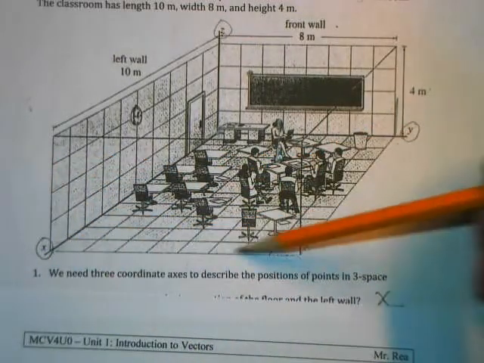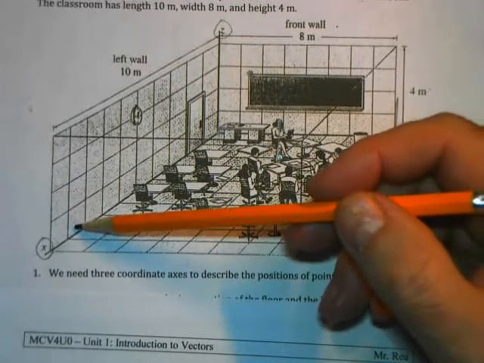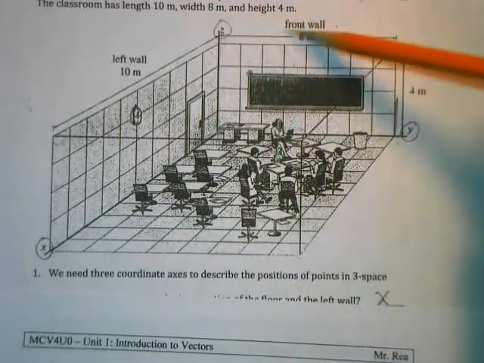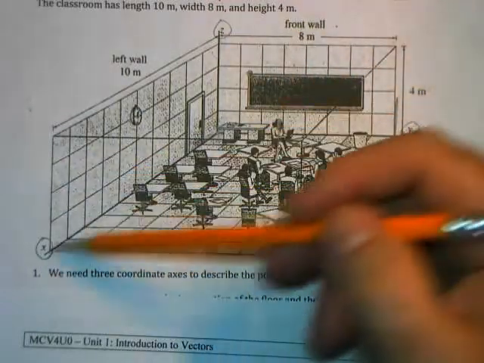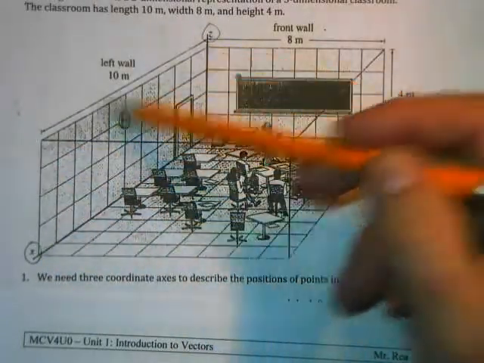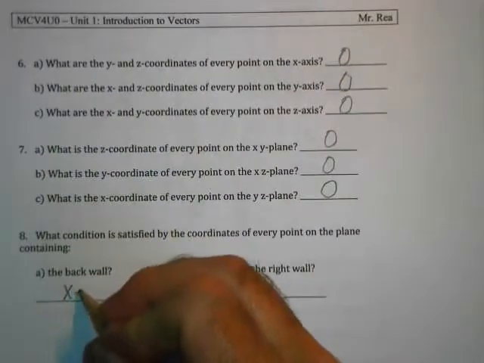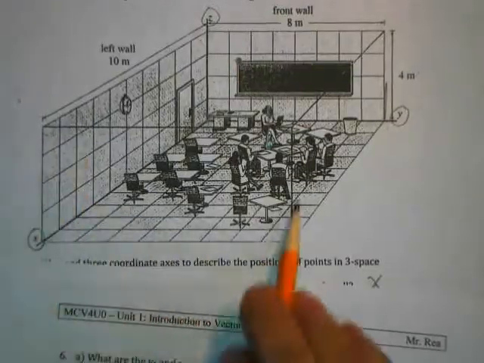Well, the y and the z are changing all the time as we go left, right, and up and down. But the x position, how far are we from the front wall? That's always going to be 10. So the equation of the back wall is x equals 10. That defines every point along here.